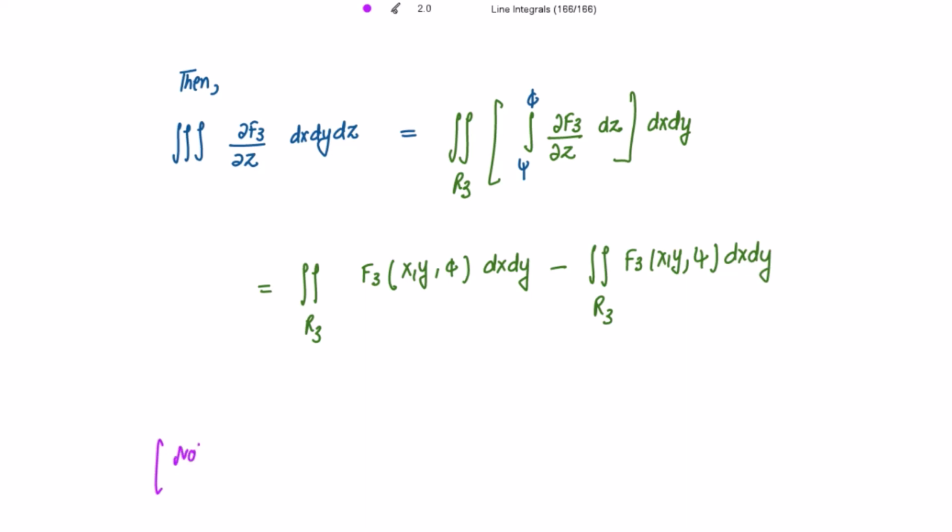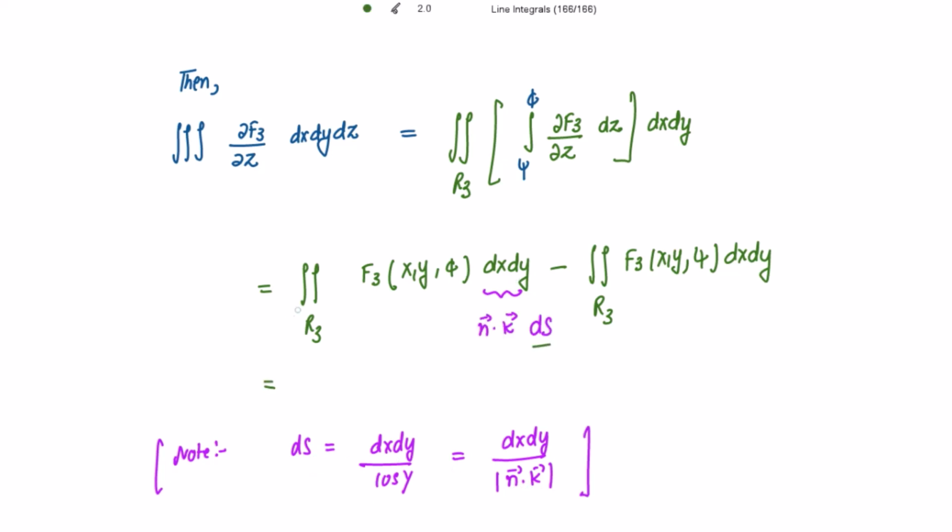Please note here, from the remarks we know that ds is equal to dx dy divided by cos of gamma, and we have written this further as dx dy divided by the modulus of the dot product of n vector with k vector. Yes, from the remarks I am writing this note. So for dx dy, we are going to use n vector dot k vector ds, because we are changing dx dy to ds, so this double integral changes into a single surface integral.